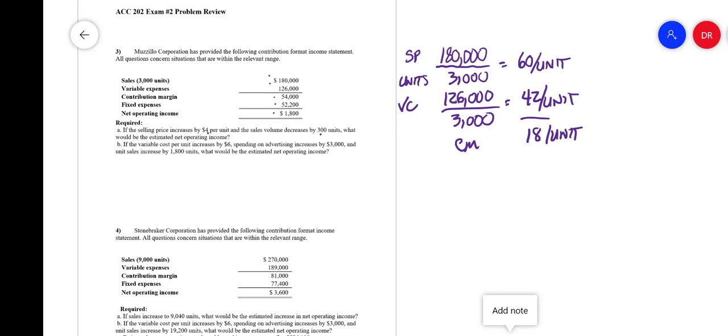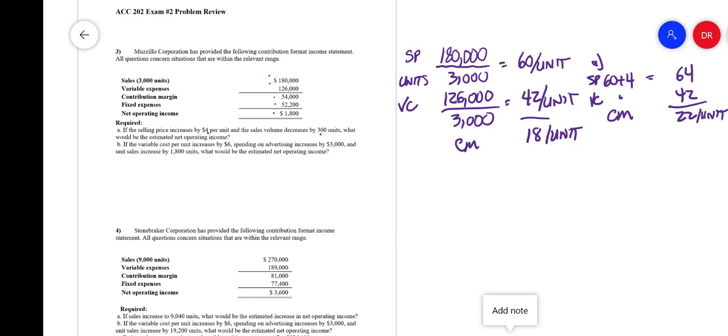Okay, now in the new scenario, they're going to add $4 to the sales price. So we have in letter A, $60 plus 4 gives us $64 a unit. This is the sales price. Variable cost will remain the same at 42. Nothing changes there. So our contribution margin per unit will be 22.